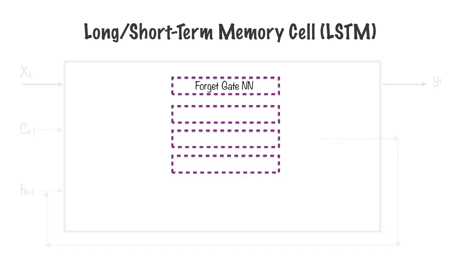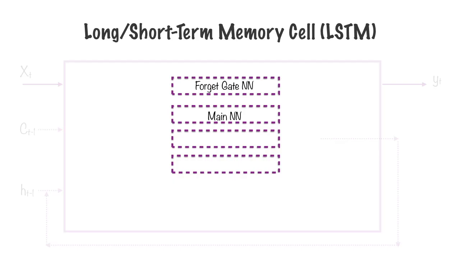This controls which part of the long term memory should be erased. The main gate analyzes the current input x and the previous short term state, and then determines what the output of the current time instant should be. The main gate is what exists in the basic RNN cell as well. In the basic RNN cell, the main gate simply generates the output of this cell.